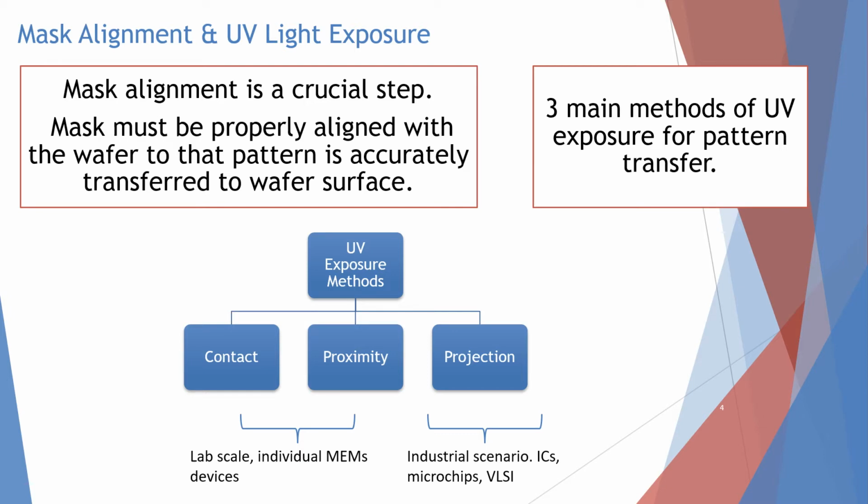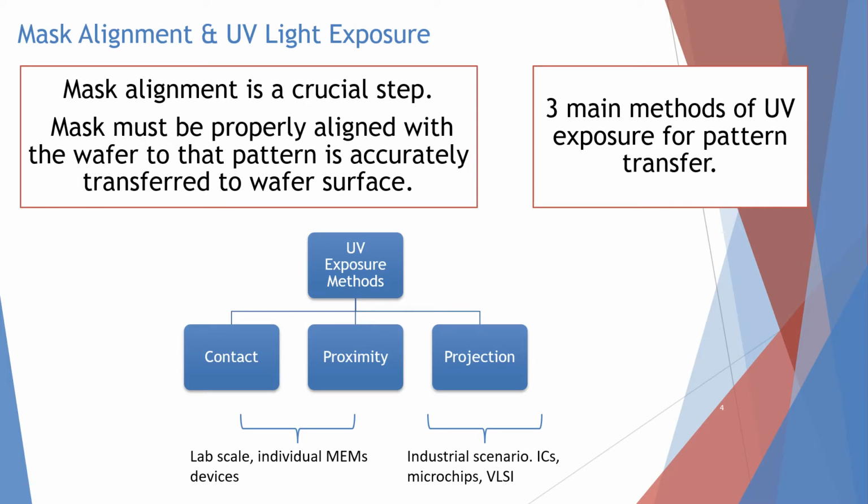If the mask is even slightly tilted, it will highly influence the properties of the circuit that we are going to print on the SI wafer. That's why the mask must be properly aligned with the wafer so that the pattern is accurately transferred to the wafer surface.